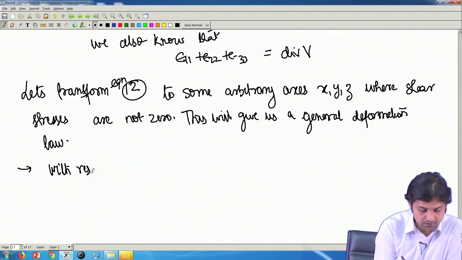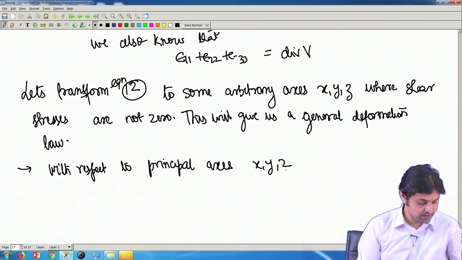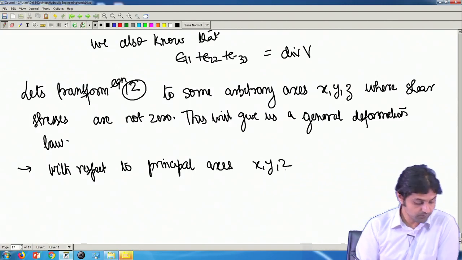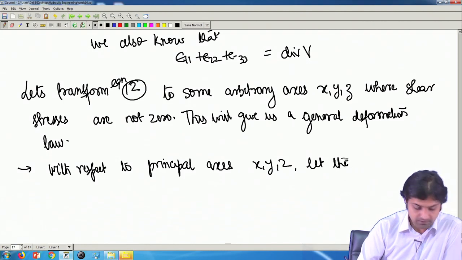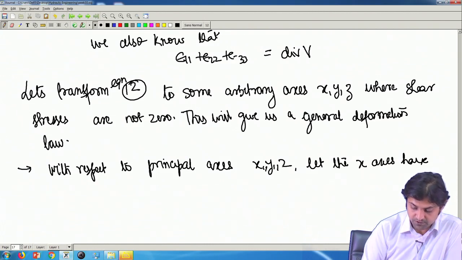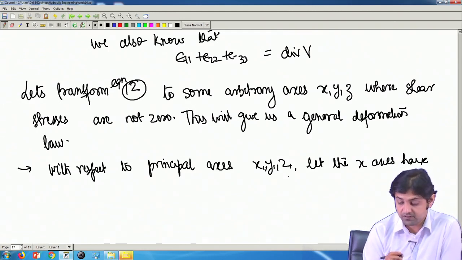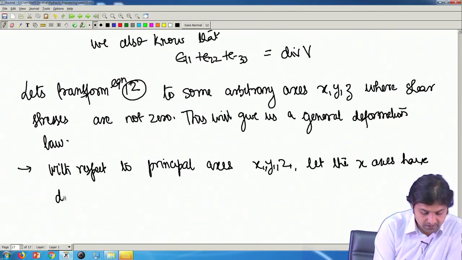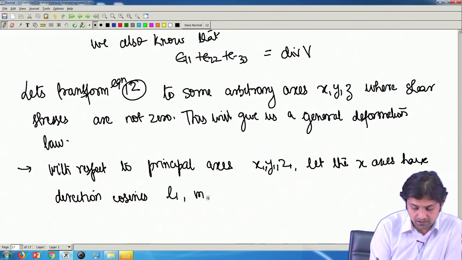So with respect to the previous principal axis x1, y1, z1, let the current x-axis have direction cosines L1, M1 and N1.